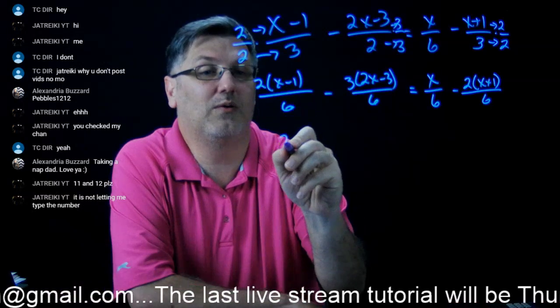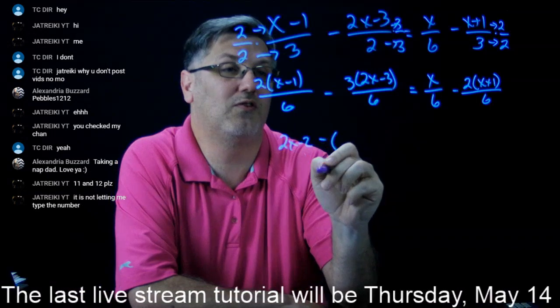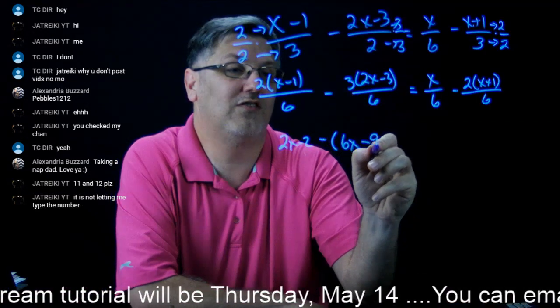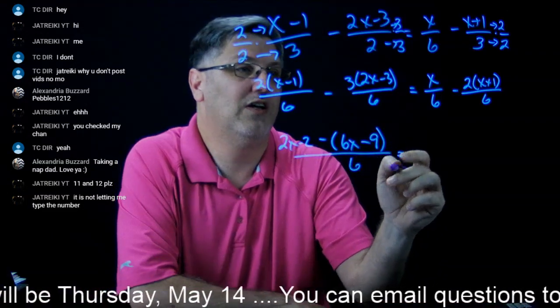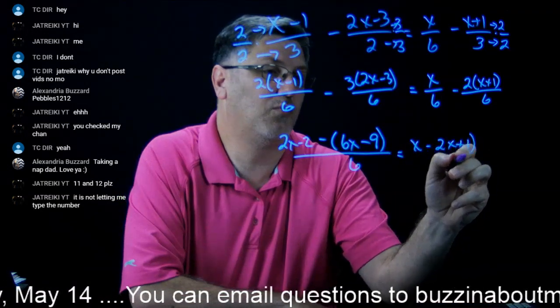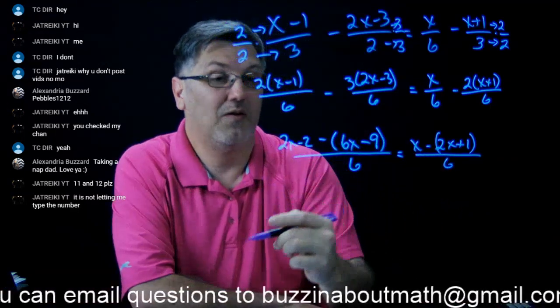So this first term becomes 2x minus 2 minus, I'm going to put a parenthesis around it, 6x minus 9. This will be all over 6 equals x minus 2x plus 1, put a parenthesis around it, all over 6. This is great.